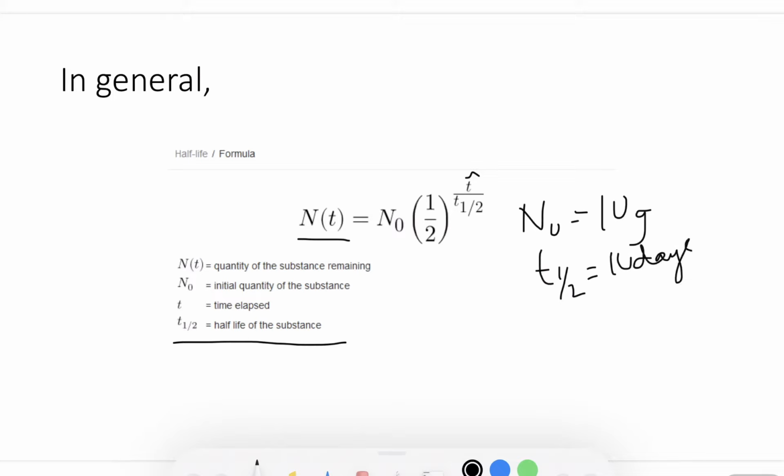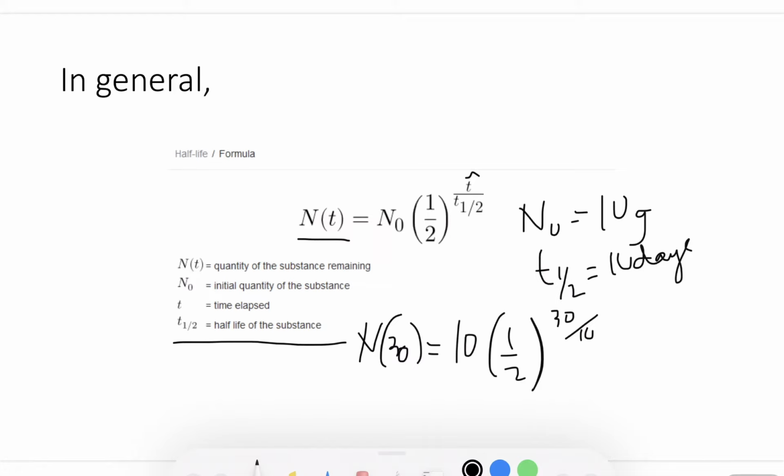Okay. So by substitution, now we have this N sub 0. The question there is after 30 days, right? So after 30 days, N at 30 is equal to our N sub 0, the initial 10 grams, times 1/2 raised to, at time 30, divided by 10 days.